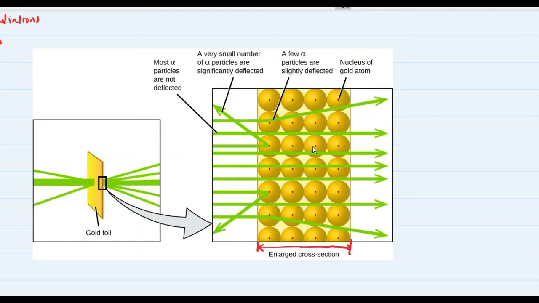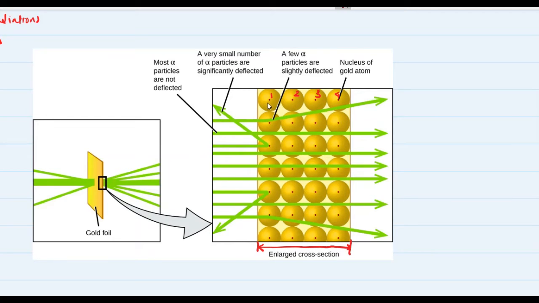And just imagine that the gold foil is so thin that even if you zoom in and view it as this much thick, how many gold atoms does it have lined up side by side? It has 1, 2, 3, and 4. Maybe 4 or 5 gold atoms lined side by side. Now, an atom is so small.